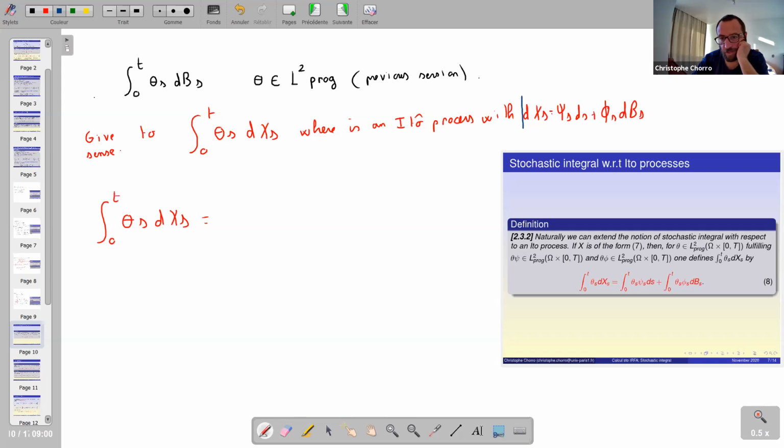So it's a notation here. It's just the differential notation associated to the Ito decomposition here. But I can plug inside d of X_s and replace it by this one.